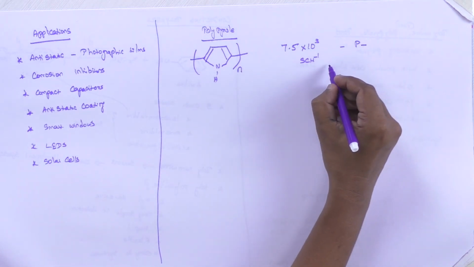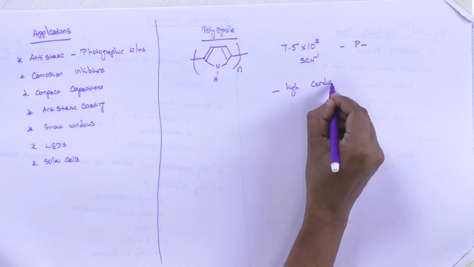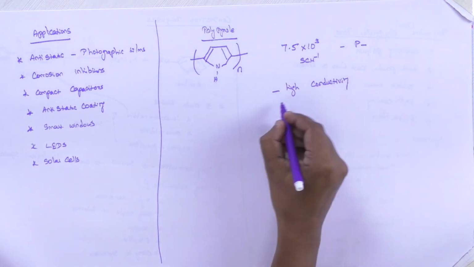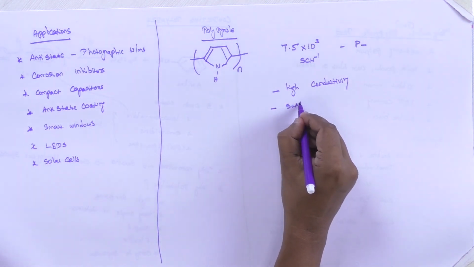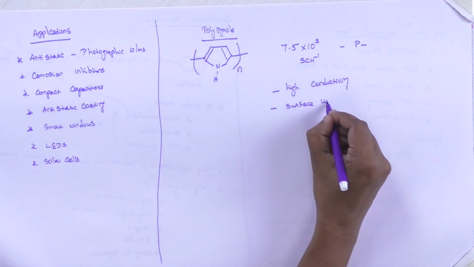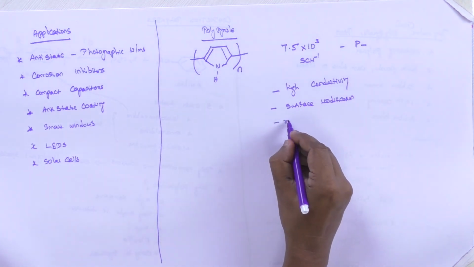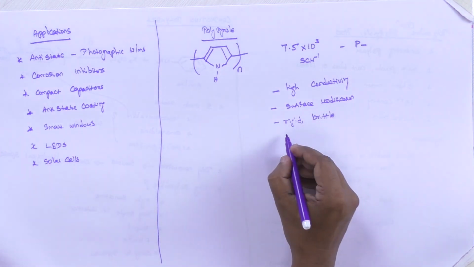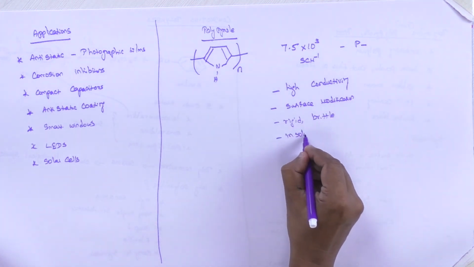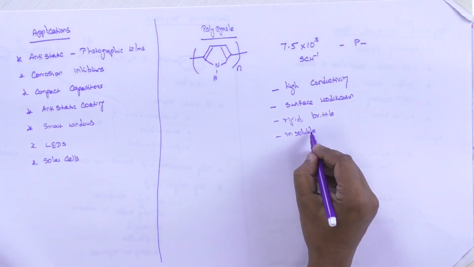It has very good conductivity, and it is easy to prepare through surface modification. But it is rigid, brittle, and insoluble in most organic solvents. This is one of the important properties of polypyrrole.